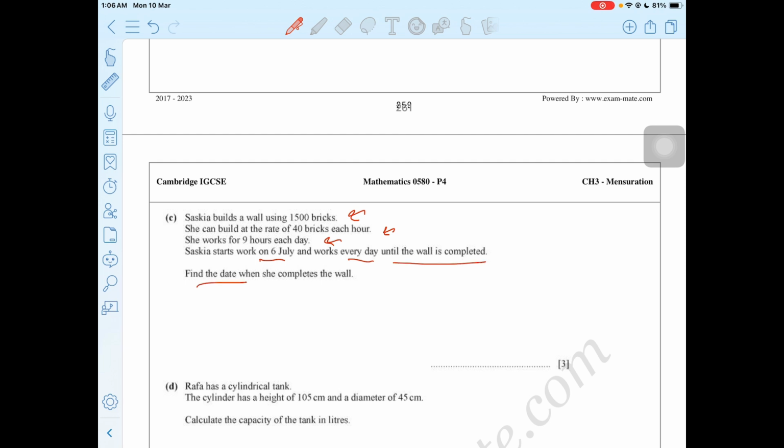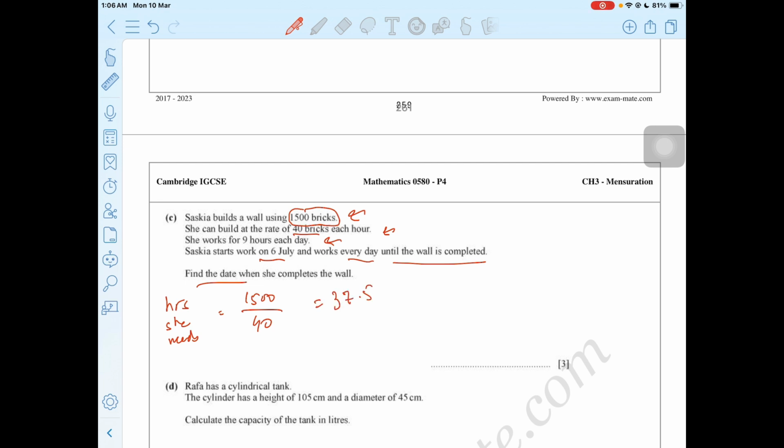Okay. So she needs to complete 1500 bricks. She does 40 bricks each hour, right? So let's just calculate how many hours she needs to complete, right? So this would be 1500 divided by 40. This would be 37.5, right?